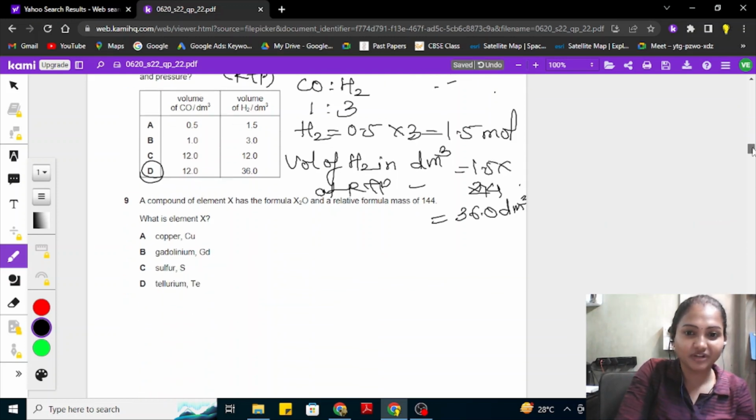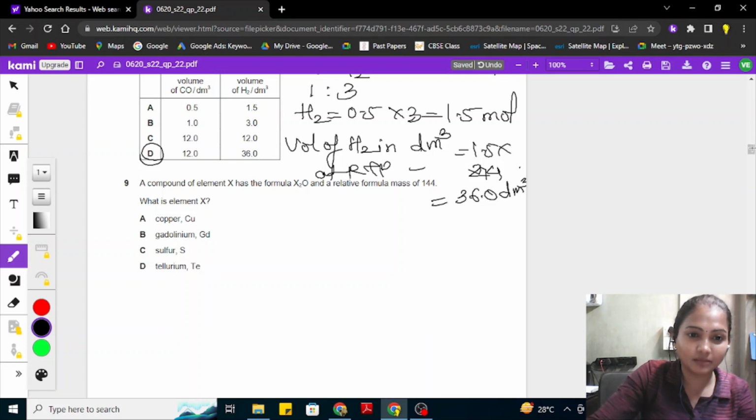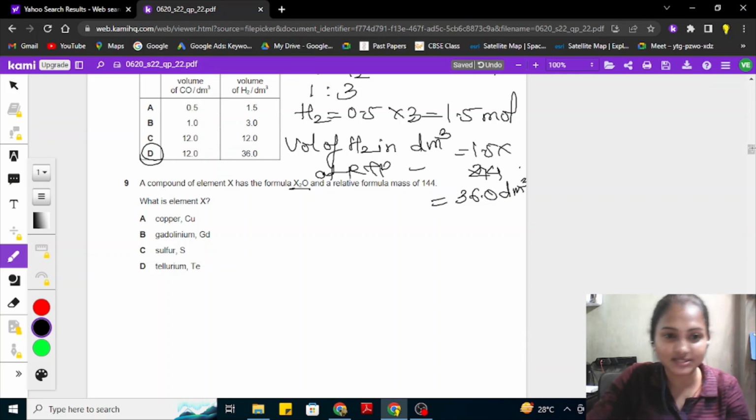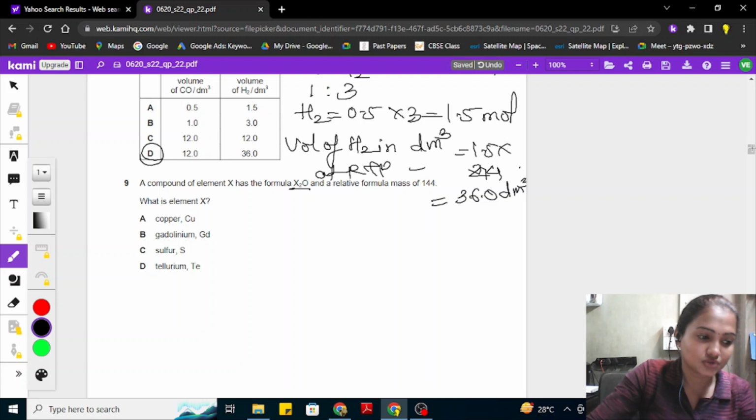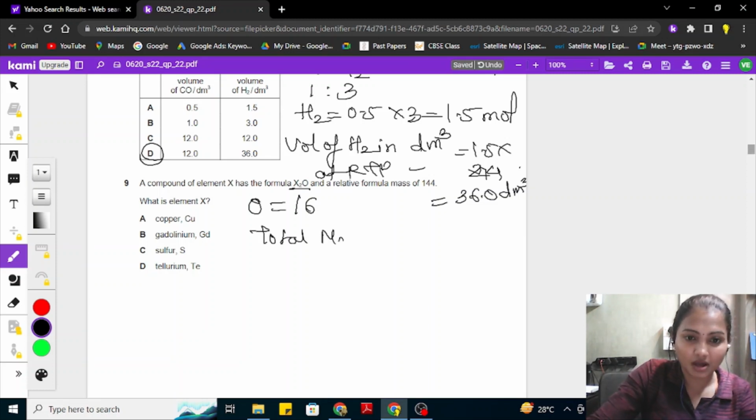Moving to the ninth question, a compound of element X has a formula X2O, and the relative formula mass is 144, which is the element X. So here we know the oxygen has relative atomic mass 16, and we know the total Mr is 144.